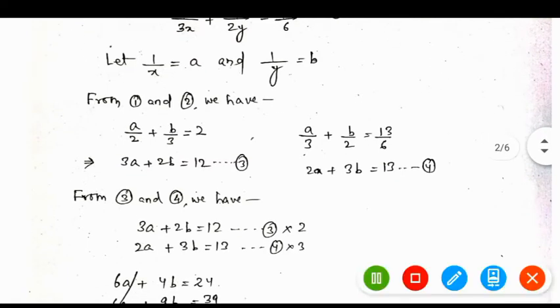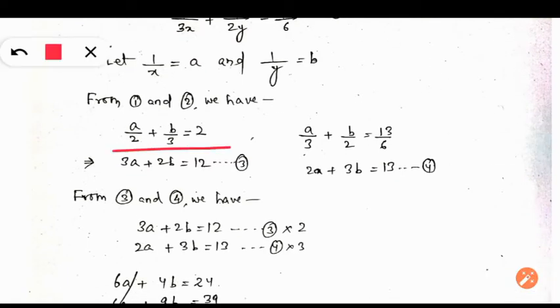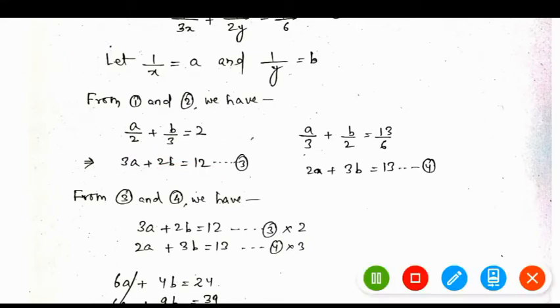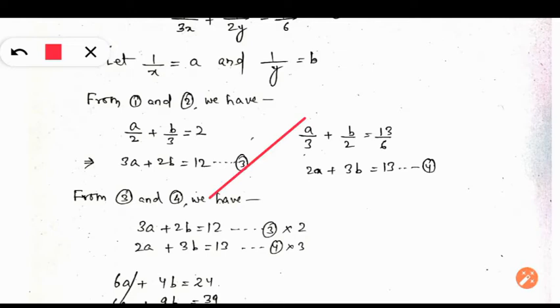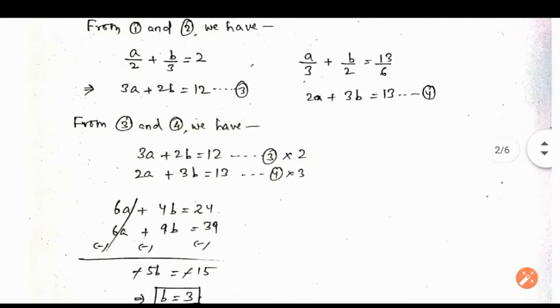Okay, so I have taken LCM between 2 and 3, 6 is the LCM, and after cross multiply I got equation 3. Similar thing I have done with this equation and I got equation 4. So now equation 1 and 2 reduced to equation 3 and 4, and see, they are in general form of the pair of linear equation.